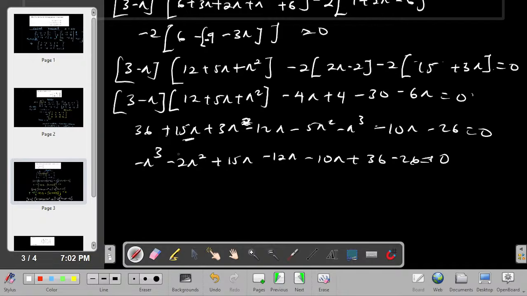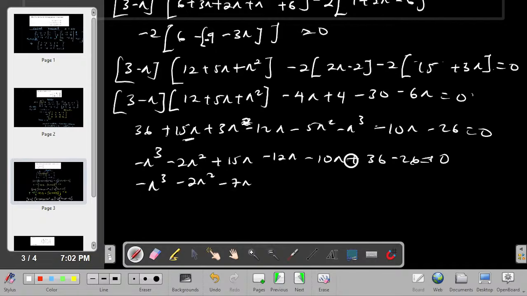So what do I get? I have negative lambda cubed minus 2 lambda squared. Then this is 15 lambda minus this minus this. So 15 minus 22 is minus 7 lambda.